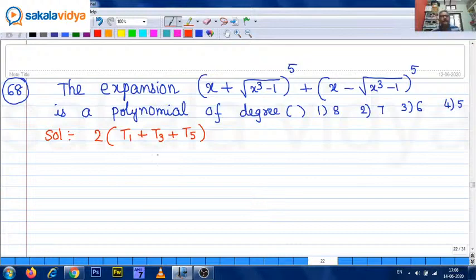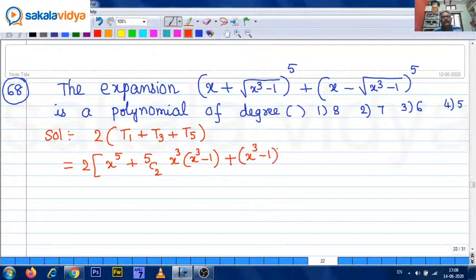So this equals 2 times: t1 stands for x to the power of 5, t3 stands for 5c2 x cube into root of x cube minus 1 whole square, x cube minus 1, plus t5, which means x into x cube minus 1 whole square.